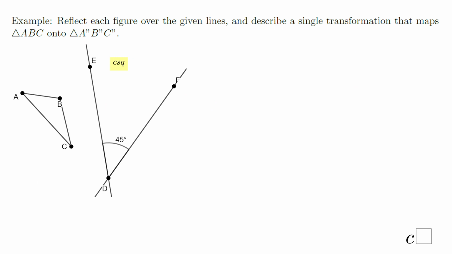My very next example is about this one. We have the triangle ABC. We want to reflect it over this intersecting line, and want to get the triangle A second, B second, C second. So this one, if you remember, the equivalent transformation will be a rotation around point D. And now you see this 45 degrees, we are going to have twice that angle.